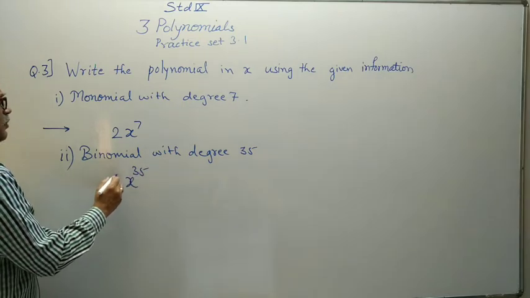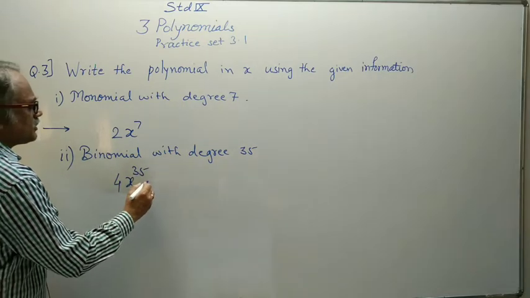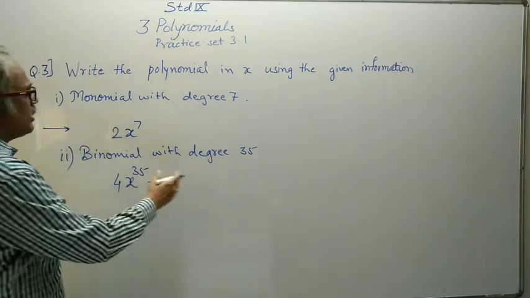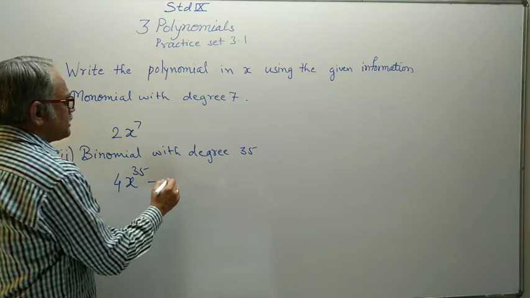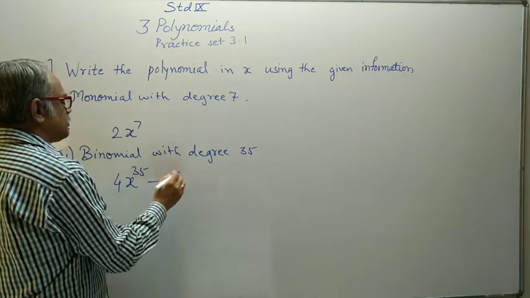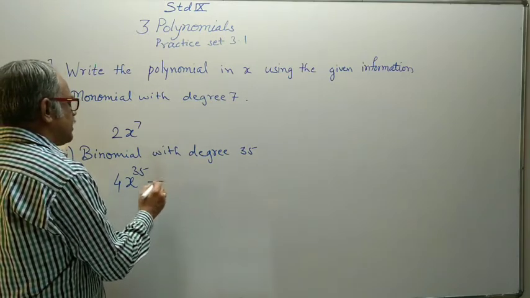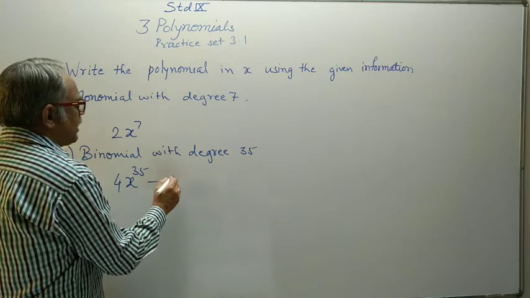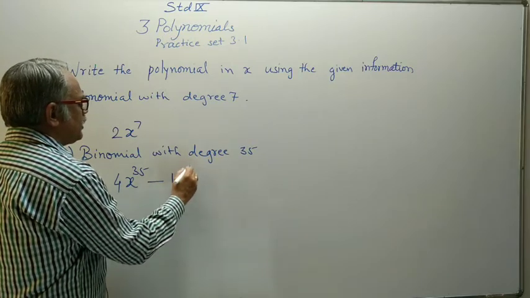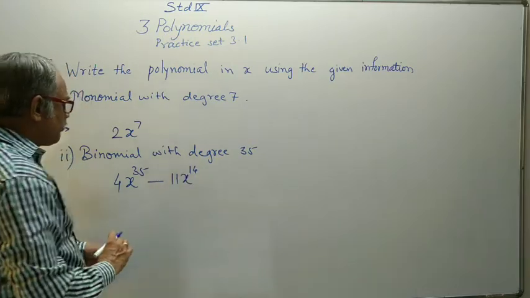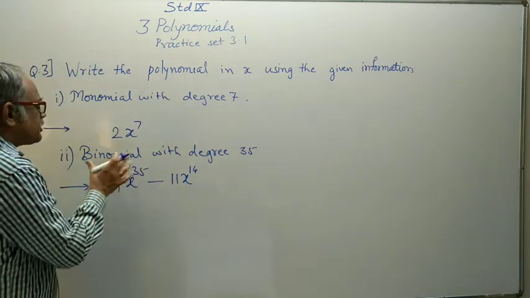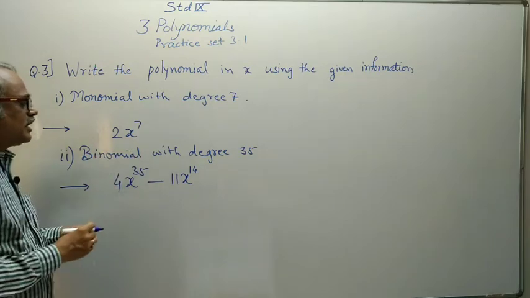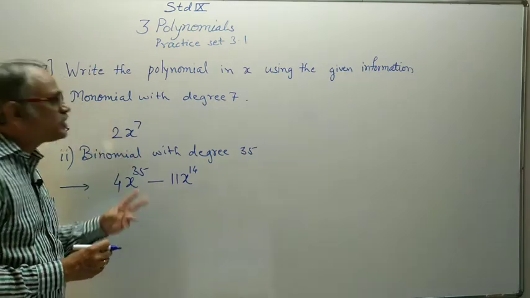So we may write 4x raised to 35 plus or minus any term having degree less than 35, having index less than 35. 7x raised to 10, 4x raised to 10, plus 5x raised to 10, minus 7x raised to 10, minus 11x raised to 14, any. But only two terms. Why only two terms? Because it is binomial. Binomial means having two terms.